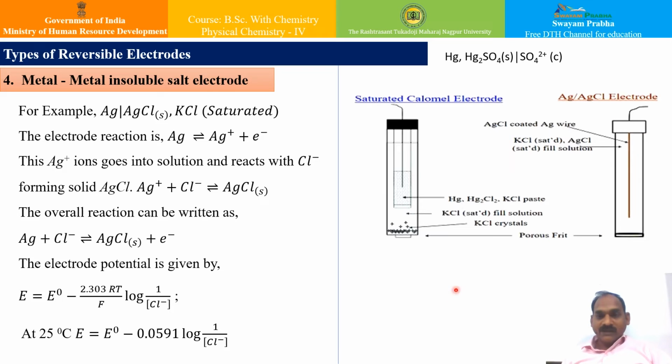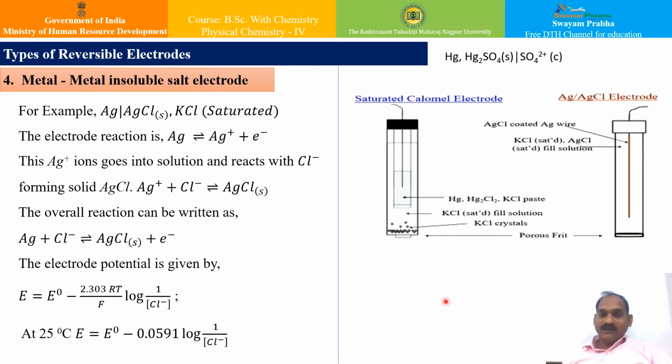Now I can also see another electrode, the mercury sulfate electrode, Hg2SO4 in contact with SO4 2 minus. These electrodes are used in standard Weston cells. You can recall this from 12th standard electrochemistry.